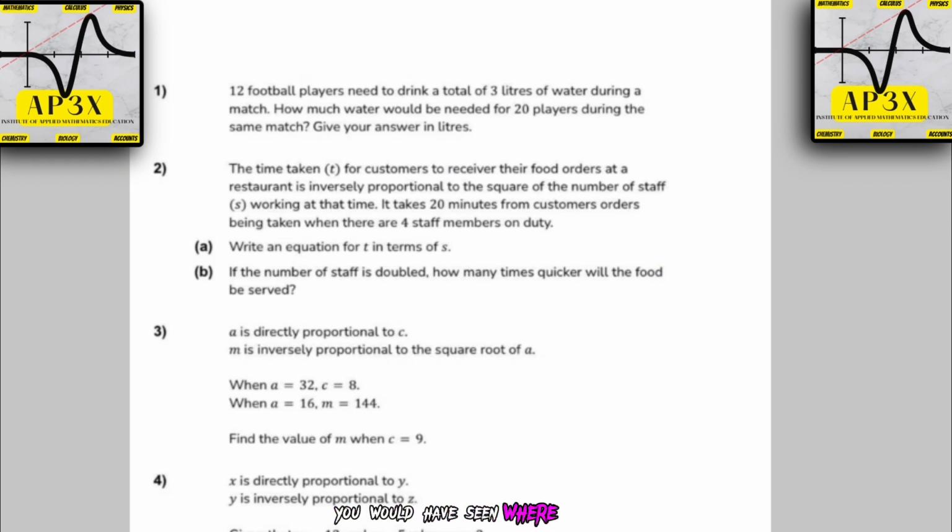You would have seen where we went through the fundamental aspects and application of direct and indirect proportionality questions, as well as a few variation questions. We touched on the basis of a few worded problems, but we didn't really get into depth.